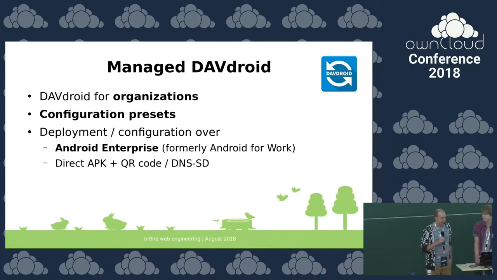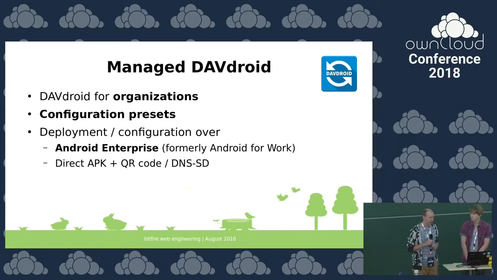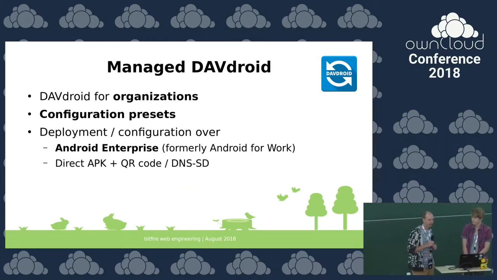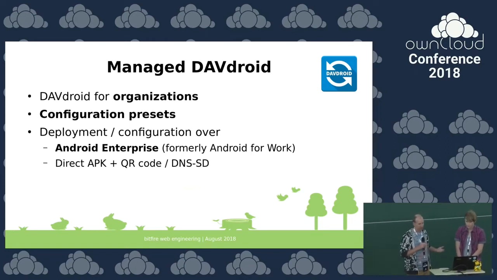Or you can directly deploy the app using a direct APK deployment or scan the configuration via a QR code. So there are many ways to distribute DAVdroid, which is pretty cool and very easy to use, especially if you use an EMM or MDM console.